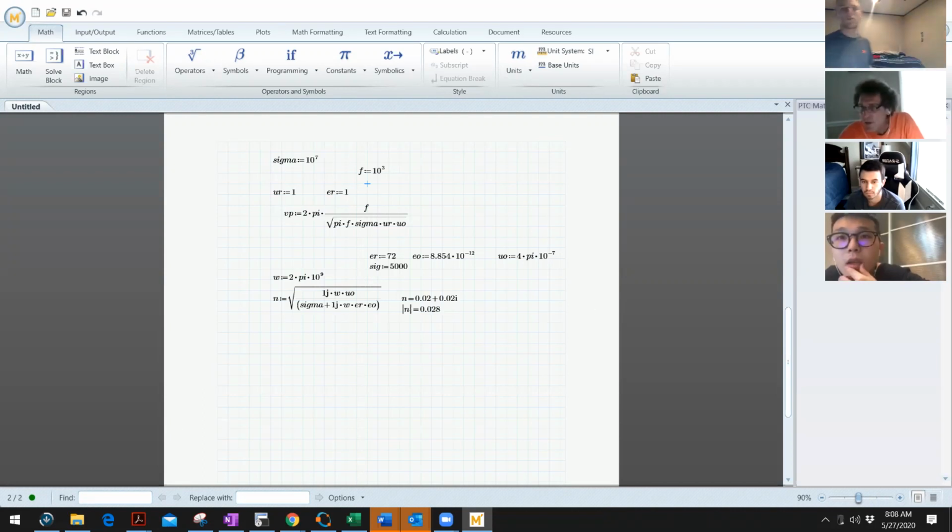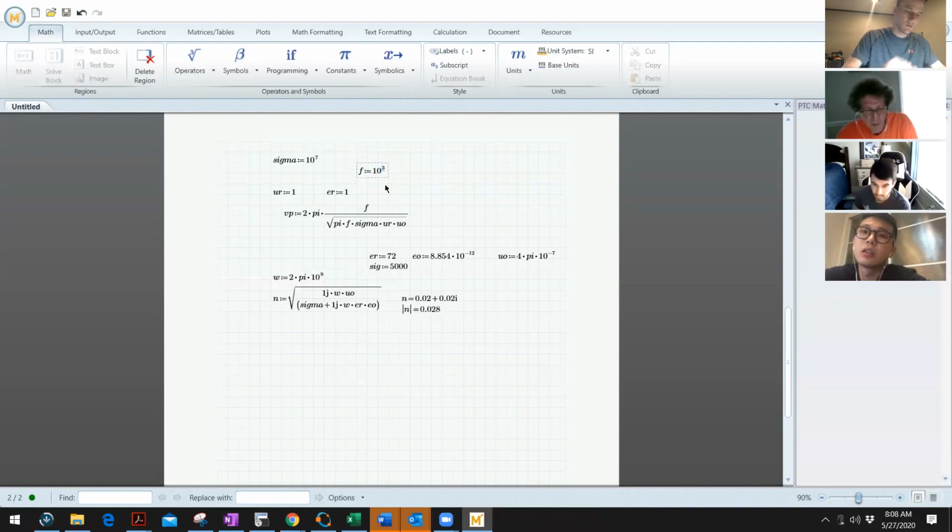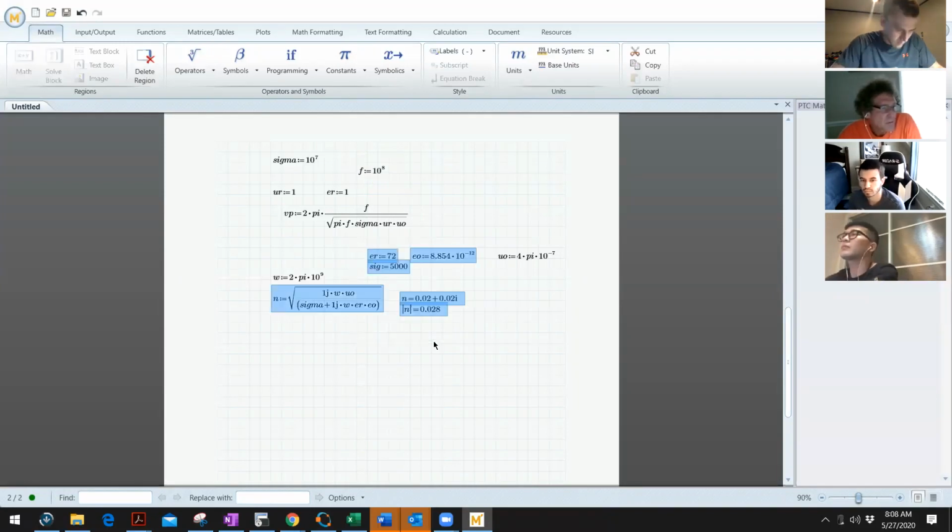So for this problem, the last problem, I like to work a couple of problems each. It says it's infinitely long. The frequency is 100 megahertz. So 100 megahertz is going to be 10 to the 8th, right? And now I've got to put these parameters in. We get rid of this stuff.